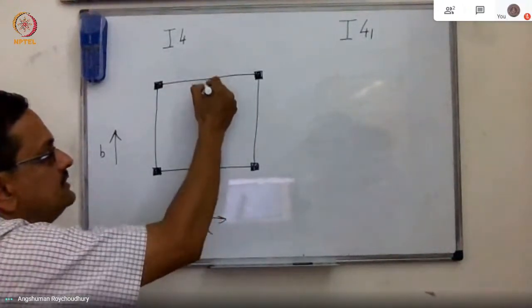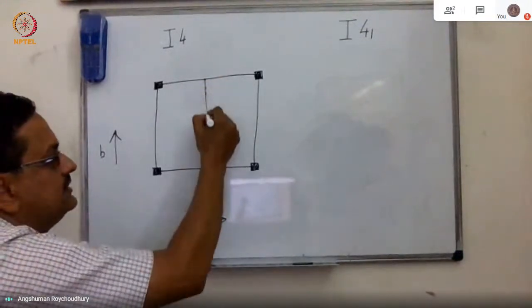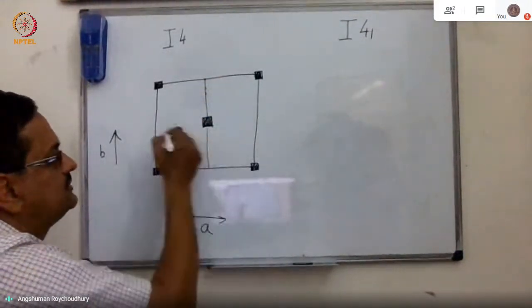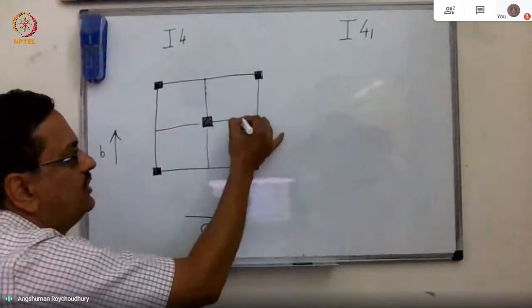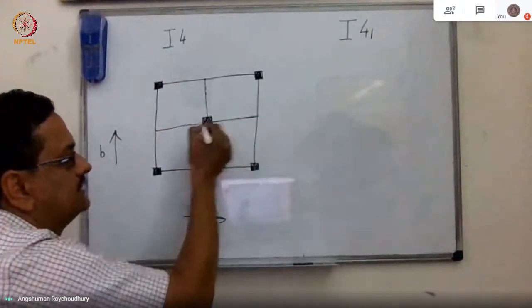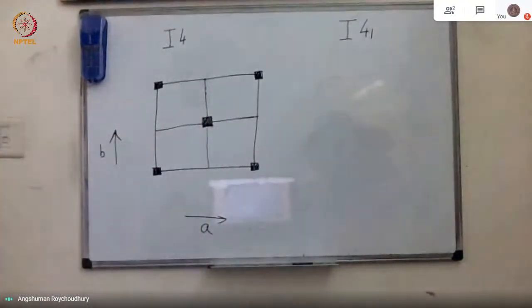For my simple understanding, I am dividing this unit cell into 4 parts. Don't misunderstand these lines as some planes or whatever. I'm just dividing it into 4 parts for easy understanding.